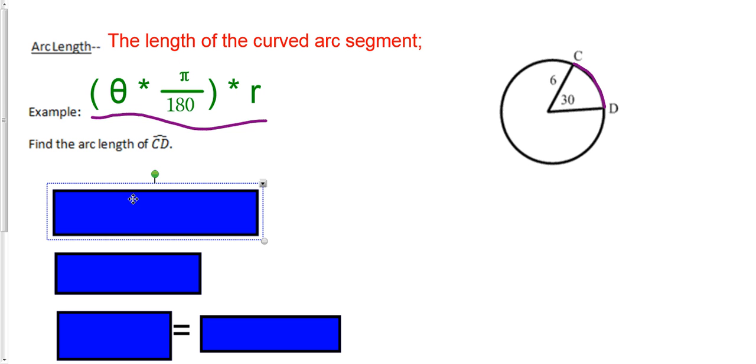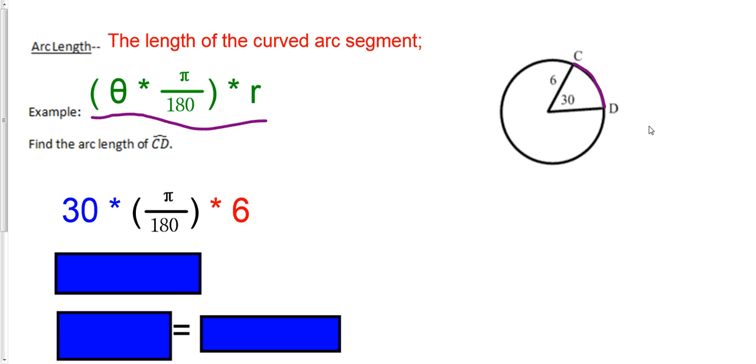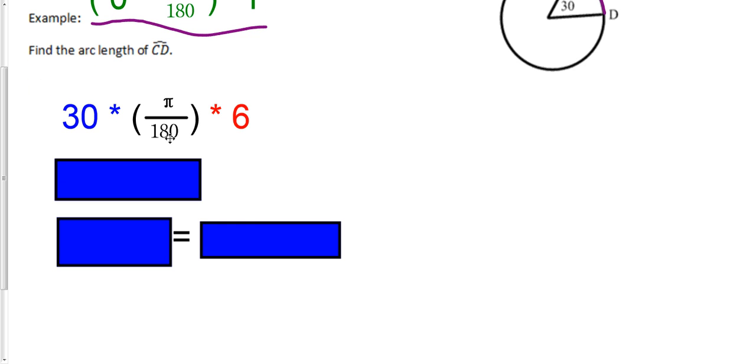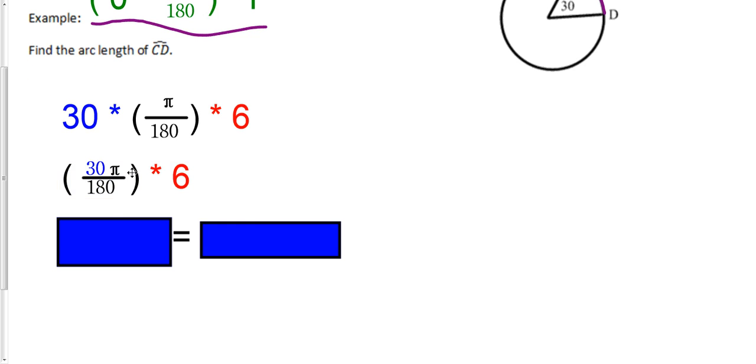So let's try an example with that one. In this case, our theta is 30 degrees, so we put that right here. Our radius is 6, so we put that right here. So we have 30 times pi over 180 times 6. 30 times pi over 180 becomes 30 pi over 180 times 6. 30 over 180, we can cancel out a 30 from top and on bottom, and we would just get pi over 6, because 30 goes into 180 6 times.